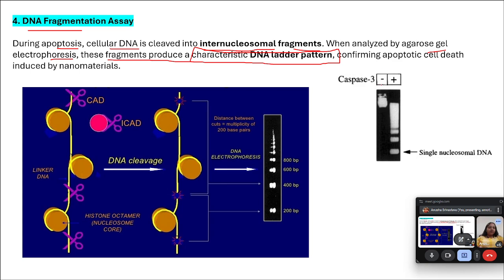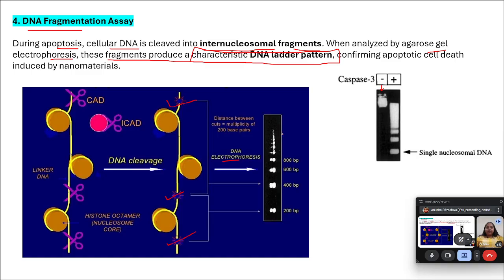Now, I think this column doesn't have caspase 3, this one has caspase 3. So this DNA has been cleaved and a different kind of ladder pattern is produced. There is DNA cleavage at this point, at this point, at this point.